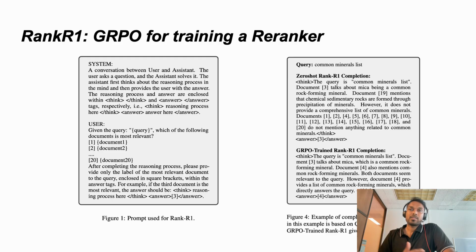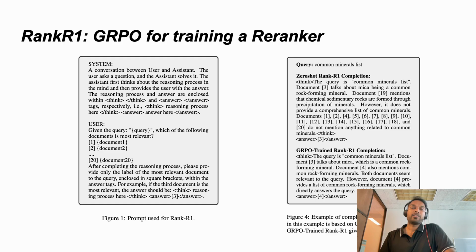So they started with a first stage retriever like BM25 to get the top documents, and then they constructed a set-wise ranking task, which was popular through previous approaches, where the model was shown multiple documents and asked to pick the most relevant one. And so they modified the prompt to force the model to generate reasoning tokens first and then output the final document, which is the top ranked document.